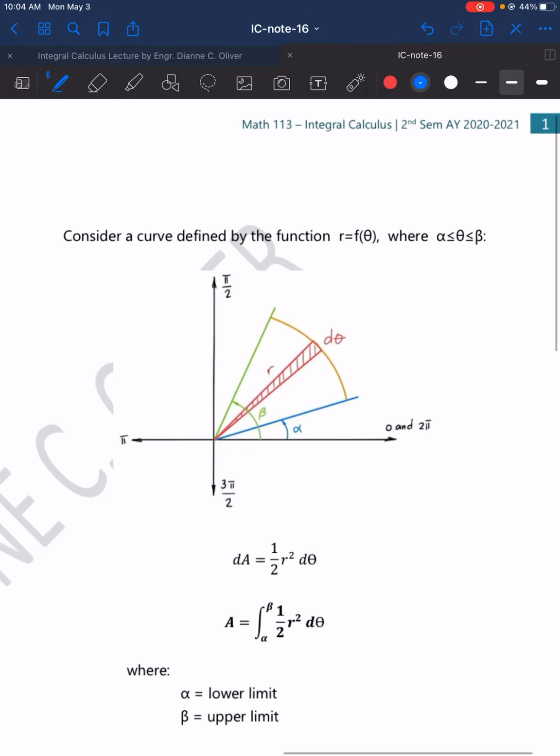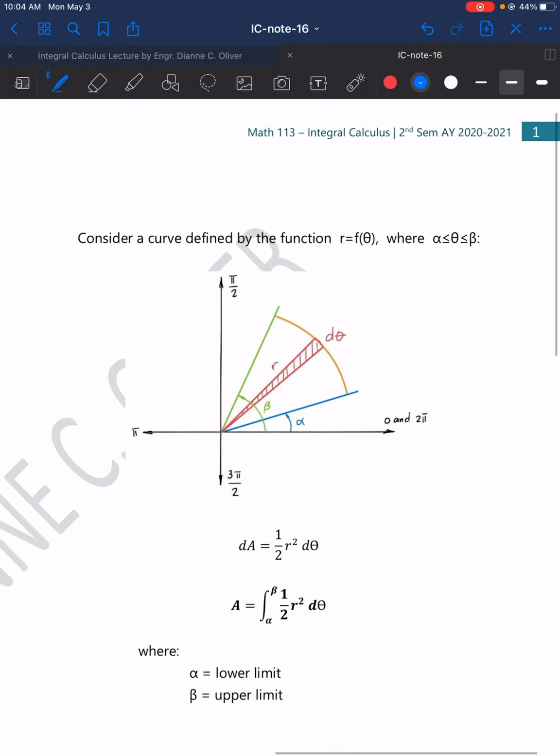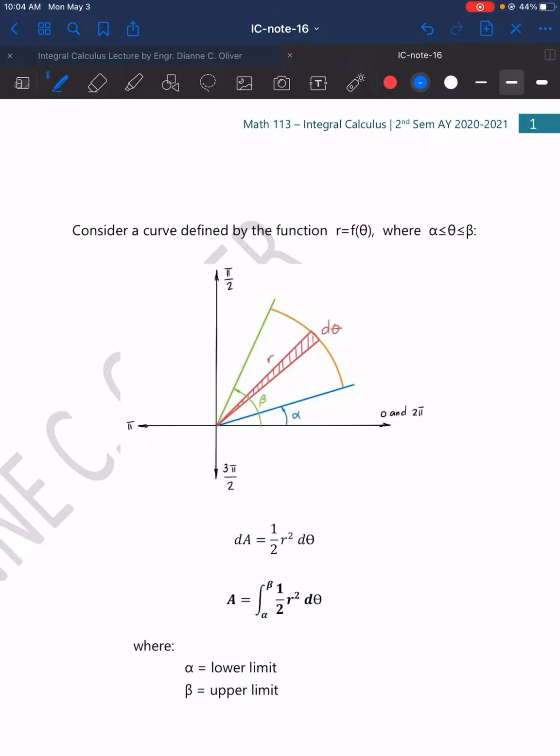Now consider the curve defined by the function r is equal to f of theta, where the angle alpha is less than or equal to the angle theta. So the angle theta here is the angle of the sector. And then the angle theta is less than or equal to beta.